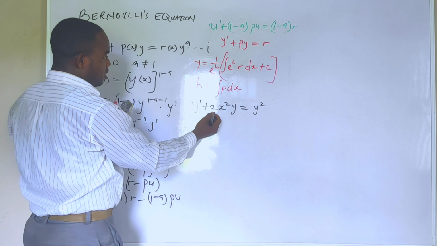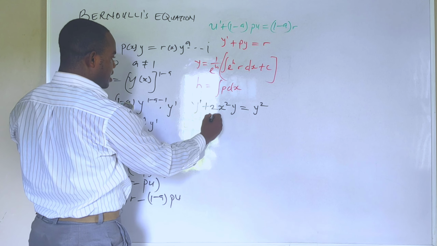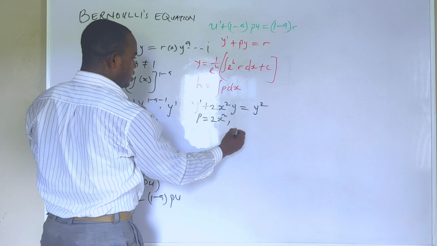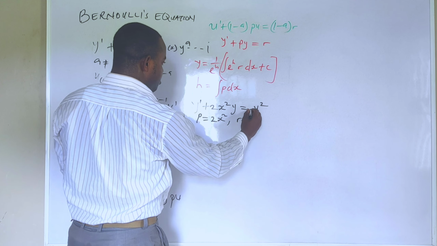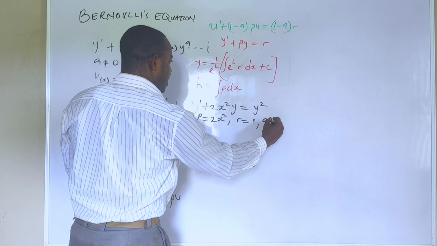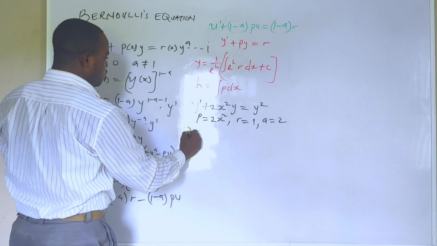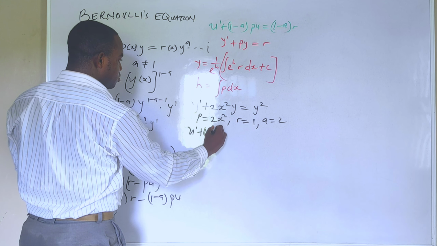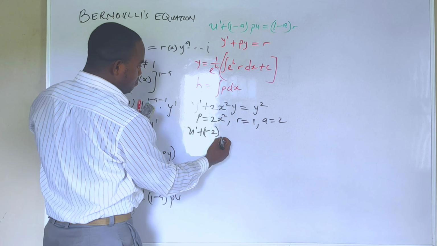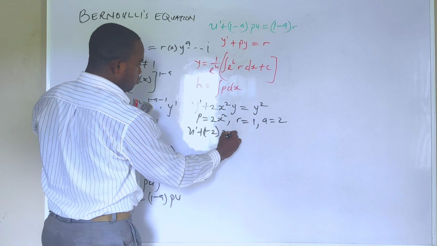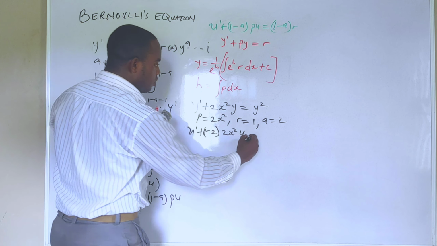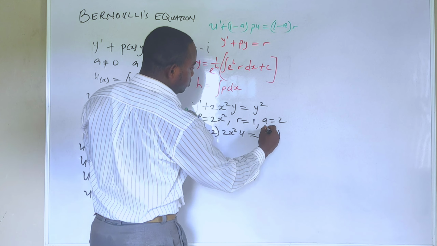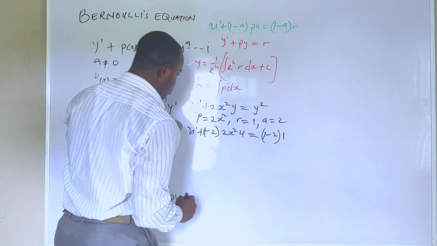In this case, you will notice that the p we have here is 2x squared, the r is 1, and the power a is 2, such that we have u prime plus 1 minus 2 multiplied by p, which is 2x squared, then u is equal to 1 minus a, 1 minus 2, multiplied by r, which is 1.